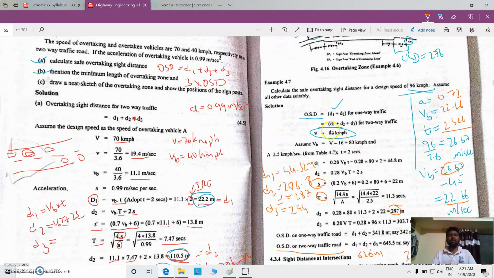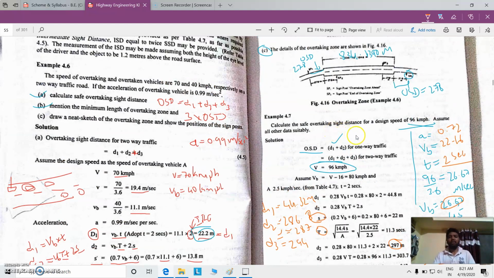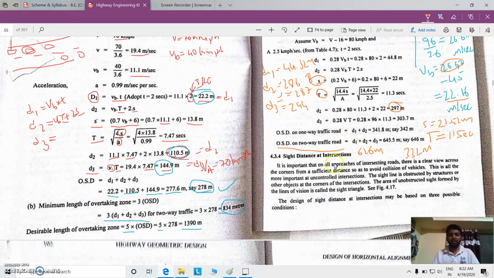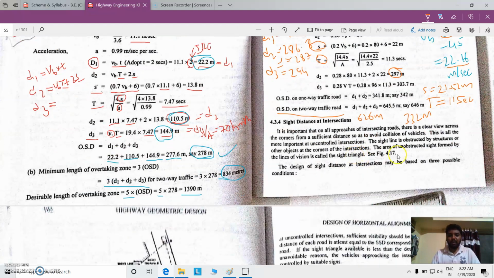In the question they have not asked you to draw a sketch for this overtaking zone. If it is not asked, you can still draw it, as that will be clear to provide the overtaking sight distance in the field.